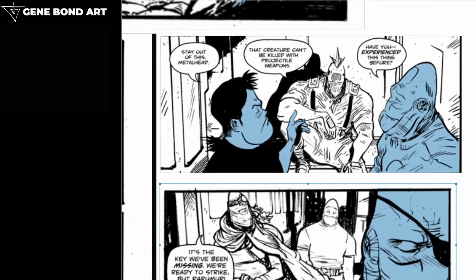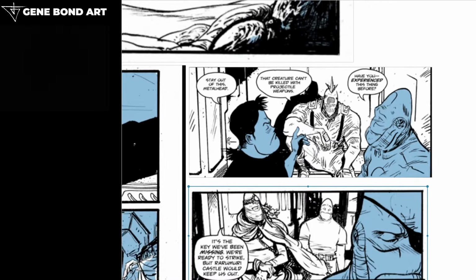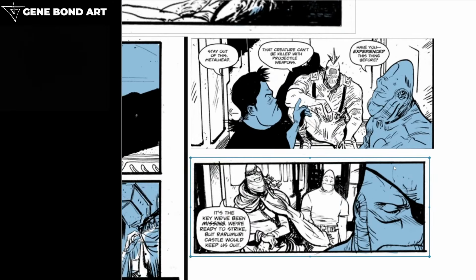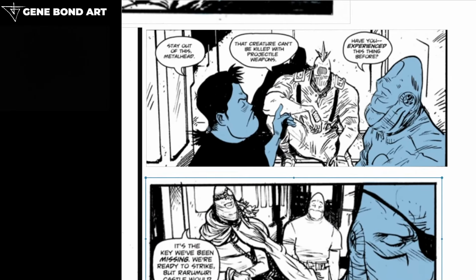So you see, we already have three planes, front, middle, back, and you can choose which characters you put on which plane. And both are kind of a zoom, long lens type.